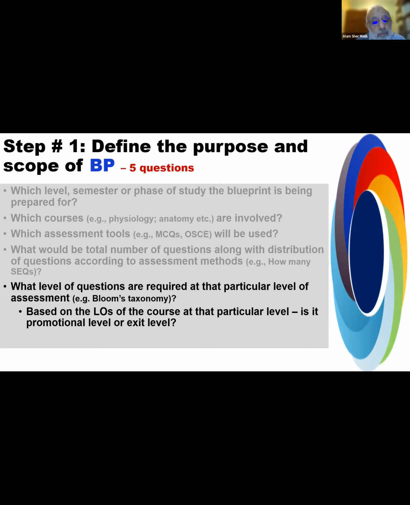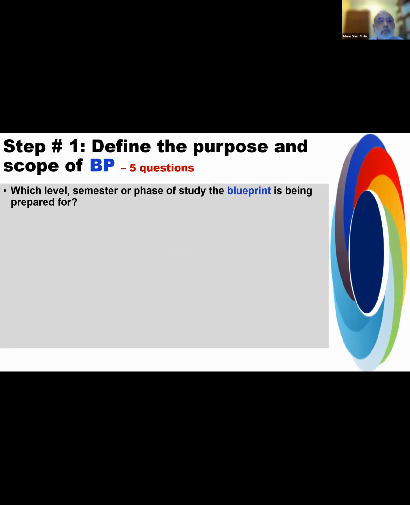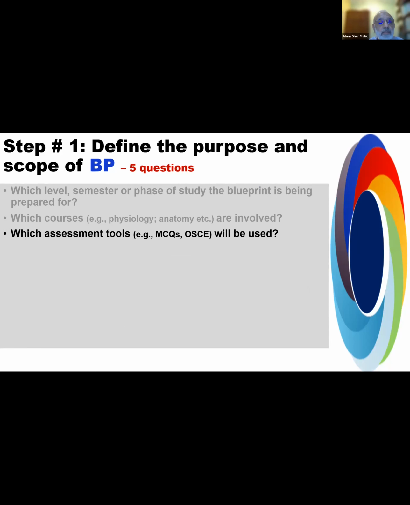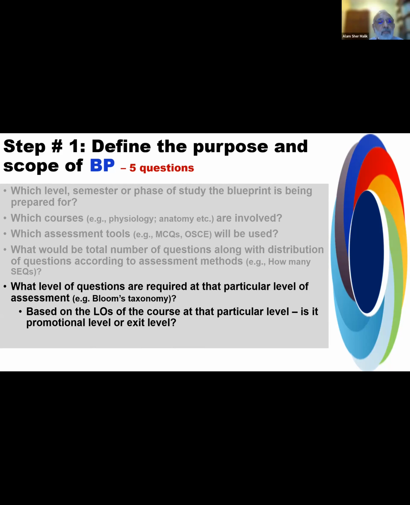We may use Bloom's taxonomy for this, based on the learning outcomes of the course at that particular level: is it a promotional level or an exit level? Exit level means it's a high-stakes examination, so we have to be more careful about it. So the first step is to define the purpose and scope. We have to answer these 5 questions.